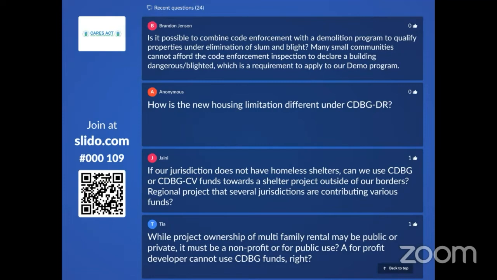Keep in mind though that when property is cleared, it's usually intended for another use. And when that happens, it's subject to the CDBG change of use requirements, which means that if you change the use of the property, let's say now you decided you're going to turn it into a park, we had to demolish so many houses, and we have enough for a small park.